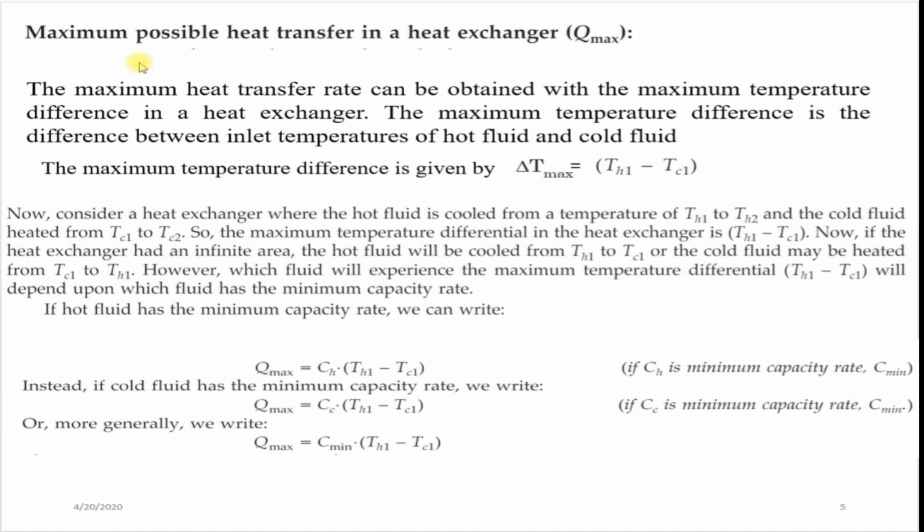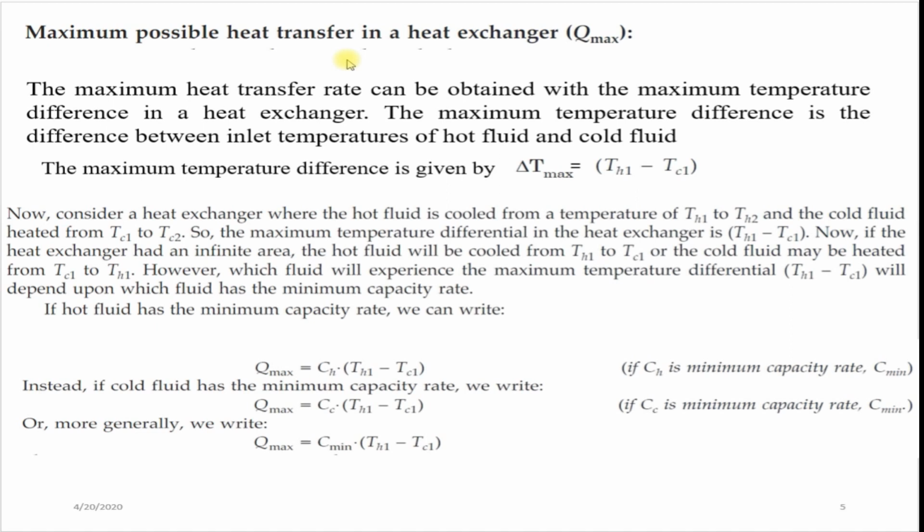In order to find the effectiveness, we need Q maximum because it is a ratio of Q by Q maximum. So the maximum possible heat transfer can be obtained with the maximum temperature difference in a heat exchanger. The maximum temperature difference is the difference between the inlet temperatures of the hot fluid and cold fluid.